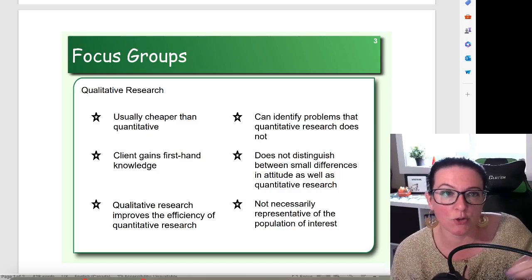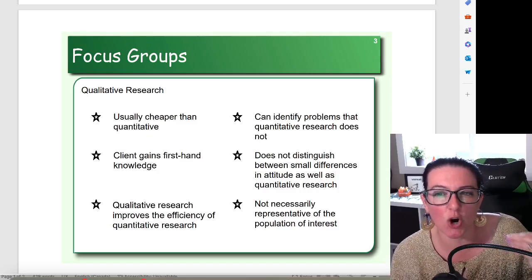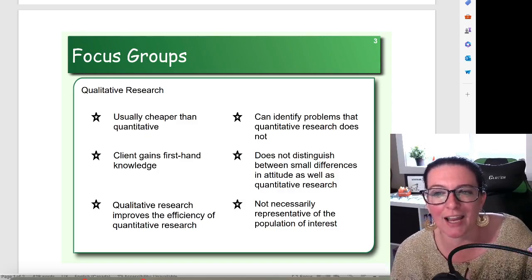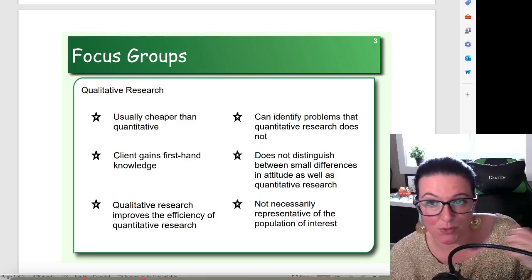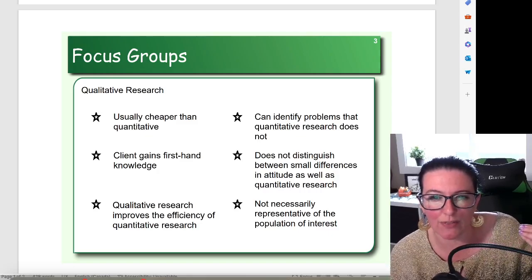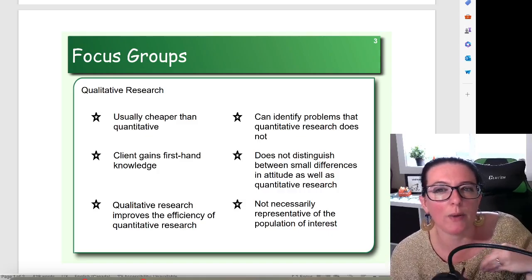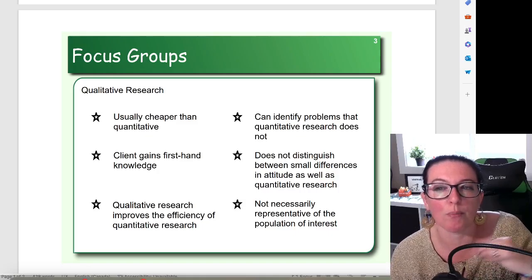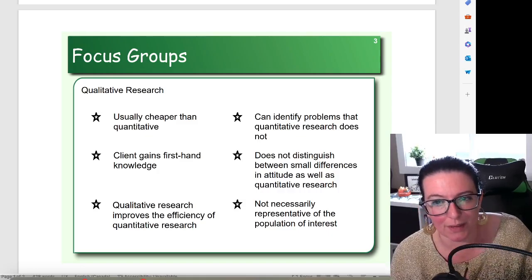In a focus group, in an interview where people are giving their feelings, it's much harder to quantify the level of that feeling compared to somebody else. So it's difficult to measure that difference in attitudes. And that's why we use qualitative typically more for brainstorming and ideas as opposed to measuring the scale of something.